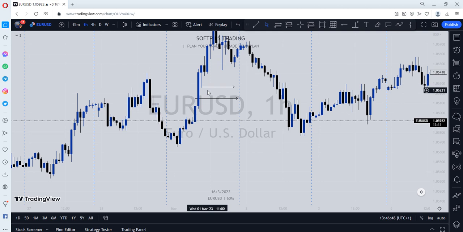But in all this, I don't trade any kind of fair value gap I see in the market. What I do is I trade fair value gap that has a breaker block around it, or an old low or old high. It's called institutional order flow entry drill, IOFED.